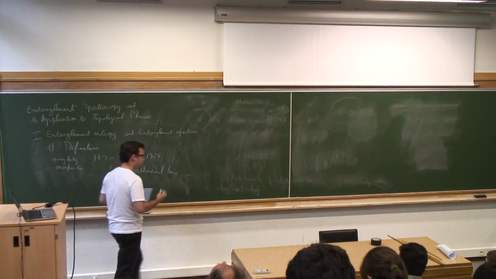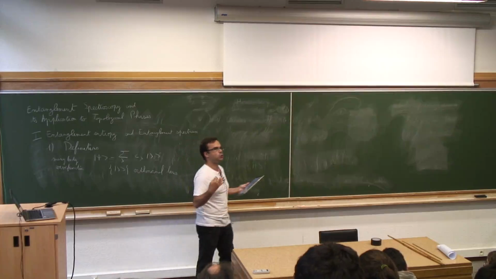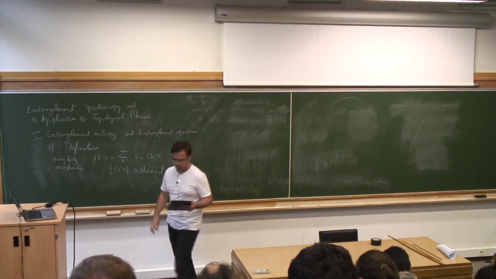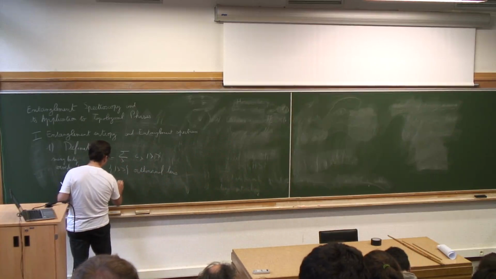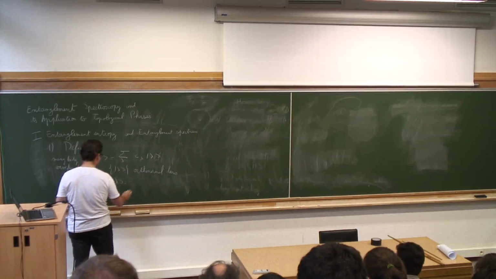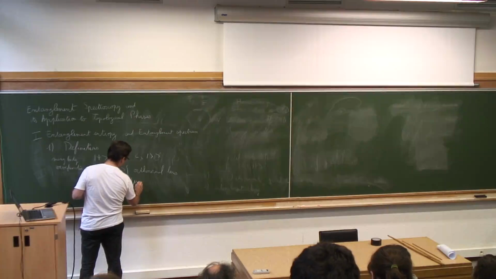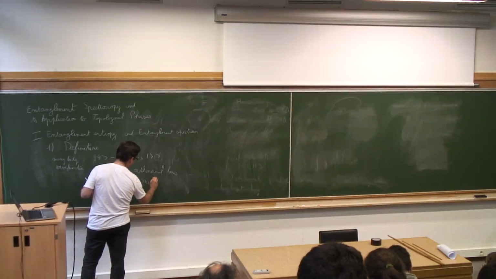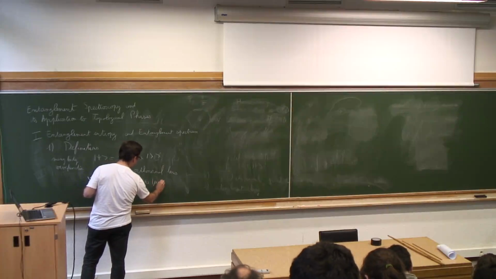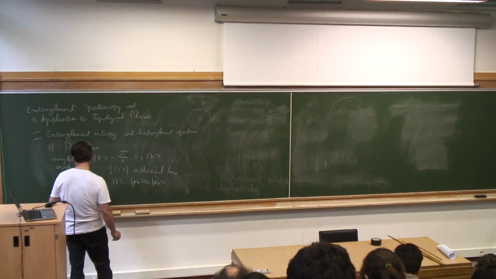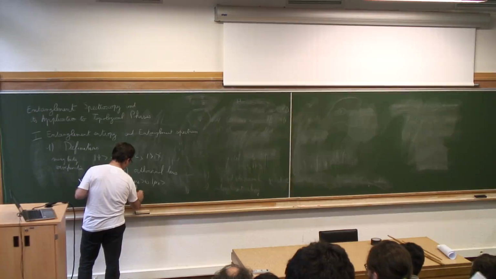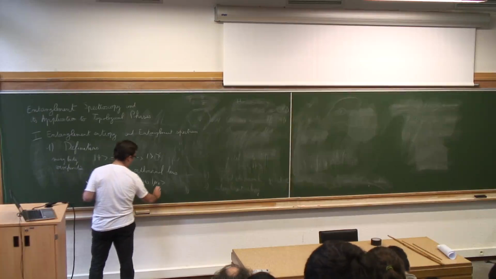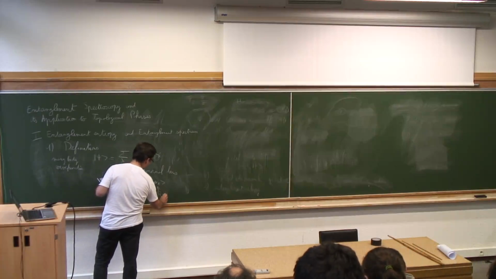Now, remember that the idea is we want to cut the system into two parts, A and B. So we will assume that you can rewrite any state of your basis as a direct product of two states, the A part of your system, the B part.